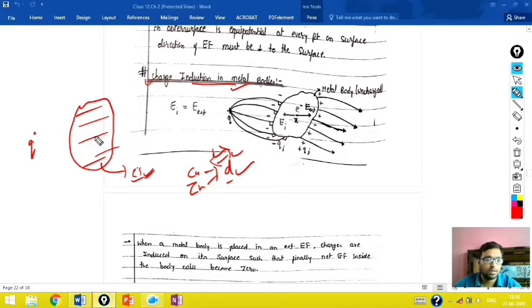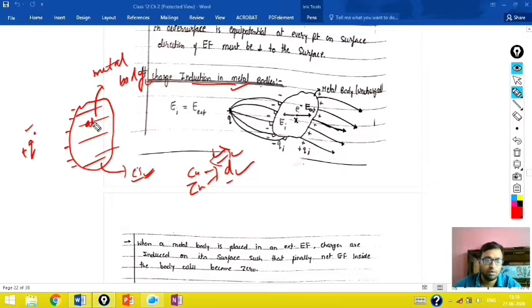So what happens is that inside this metal body, the electrons which are present will get attracted by this plus q charge.